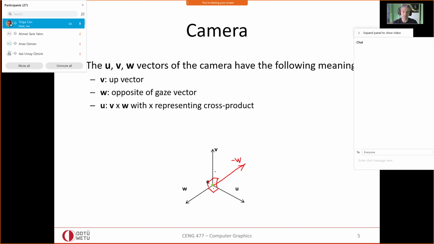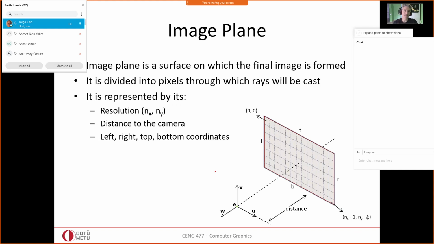Basically this is the local coordinate system of the camera that is defined, but the image plane is actually part of the camera in real life. A camera is not just a focal point. A camera comes with a sensor built into it, and that's the image plane we're talking about.